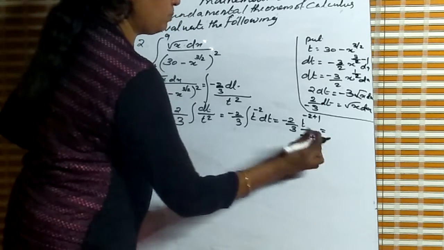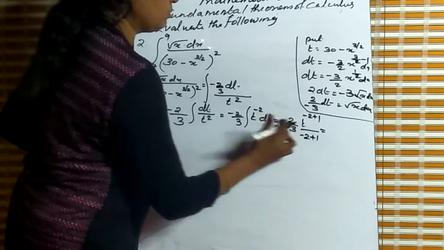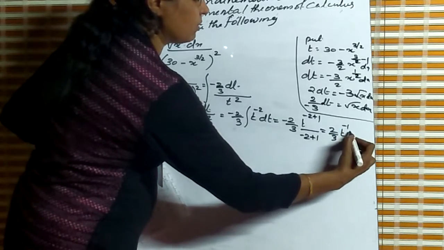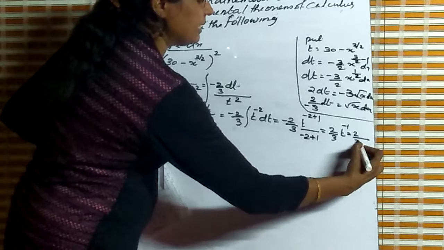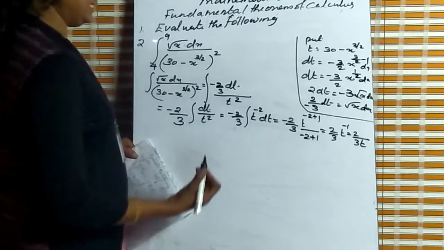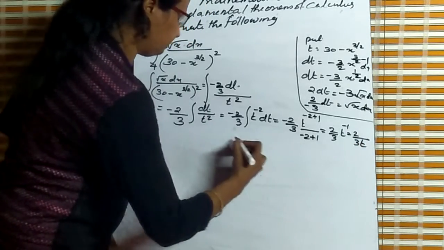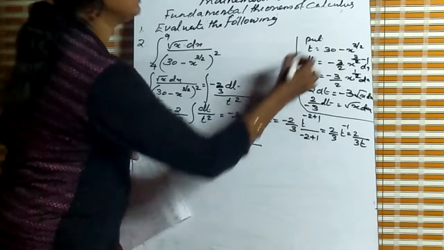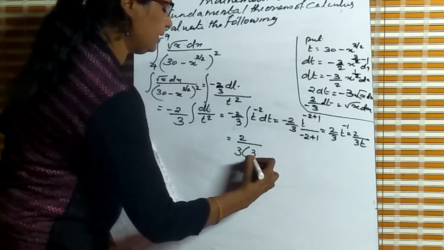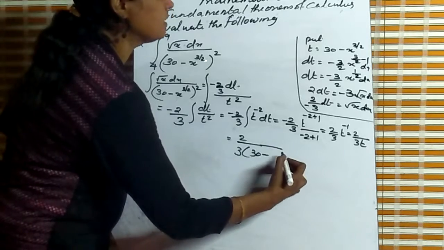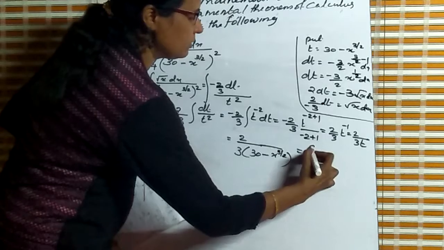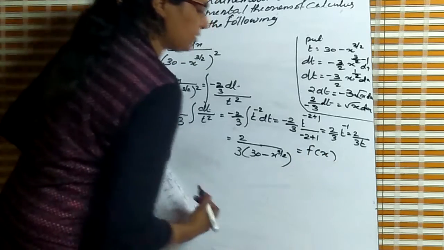Minus 2 plus 1 is minus 1, so this is plus 2 by 3 into t raised to minus 1, equal to 2 by 3 divided by t. What is t? t is 30 minus x raised to 3 by 2. This is equal to F(x).